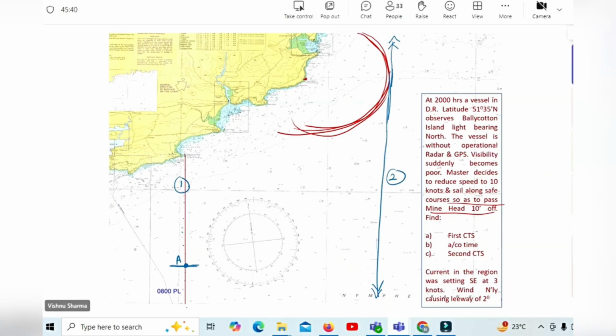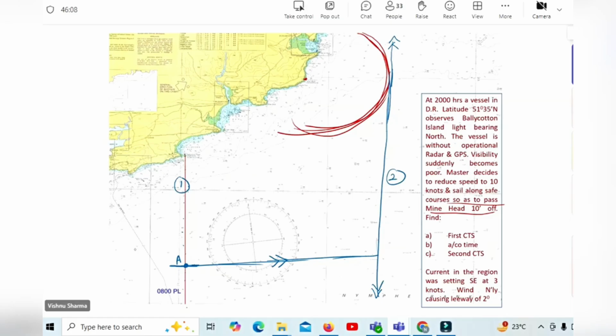So through this point A, if it was not this DR lat, then DR would have been given, or if it was a celestial PL, we'll take the position through which the PL was drawn. I draw a perpendicular distance between these two PLs. And I will see if this can be the course made good.